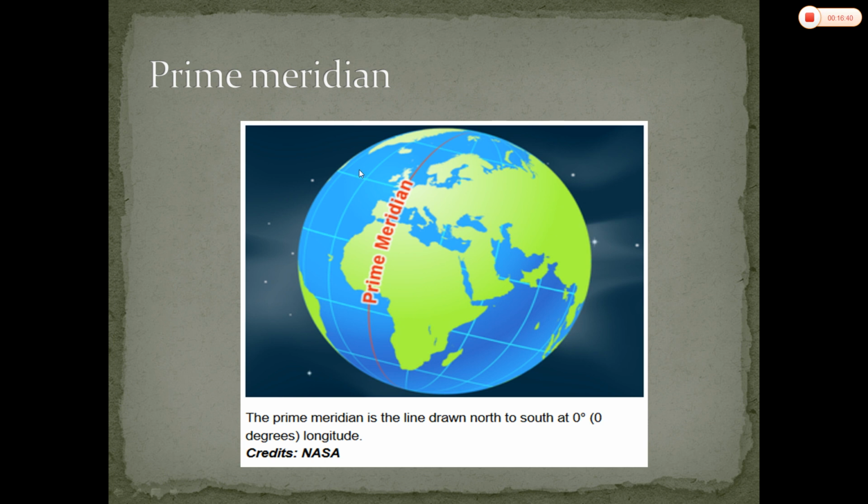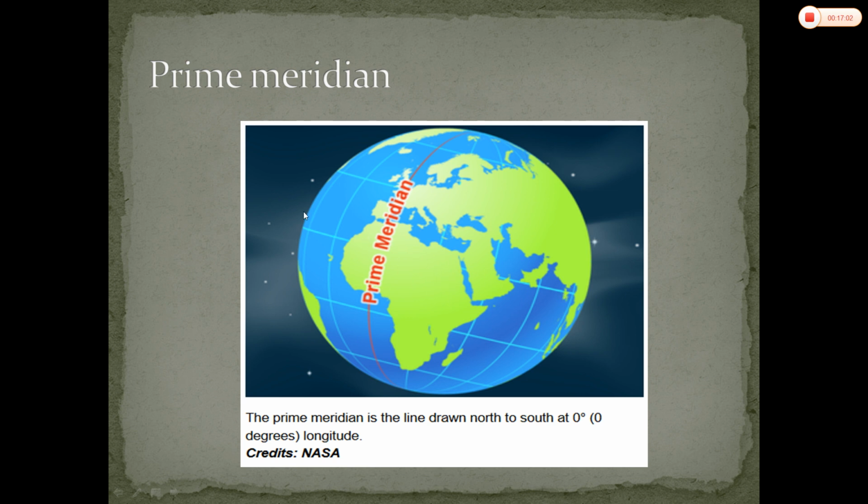If you start moving eastward of this prime meridian, all the longitudes eastward of this prime meridian, right from 0 degree to 180 degree, are named eastern longitudes.